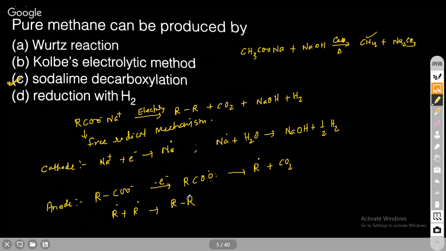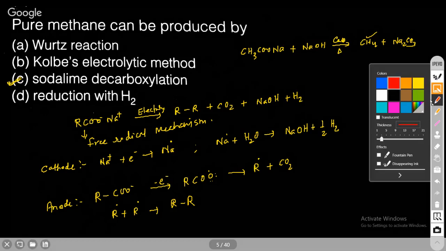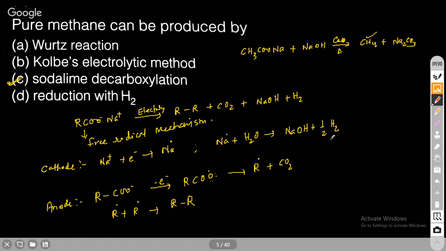Because sometimes they ask: for the Kolb electrolytic method, what is the mechanism? Free radical mechanism. First of all, you must keep this question in mind. And sometimes they also ask, at the cathode and anode, which gas evolves? At the cathode, hydrogen gas evolves, and at the anode, carbon dioxide gas evolves. So these two products we get at the anode, and these two products at the cathode.